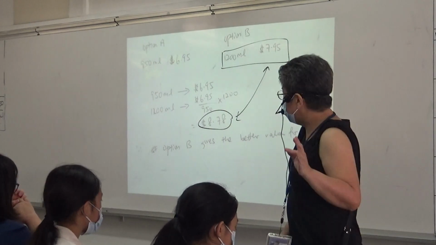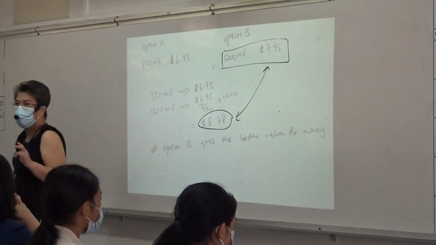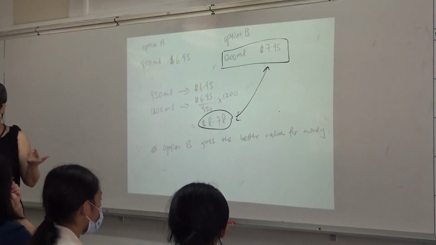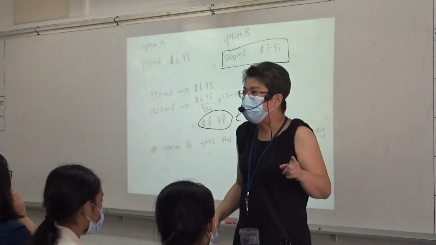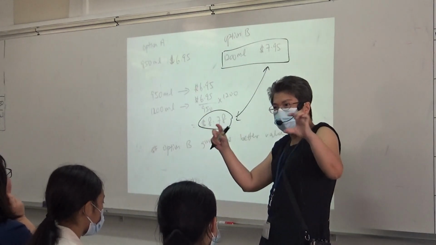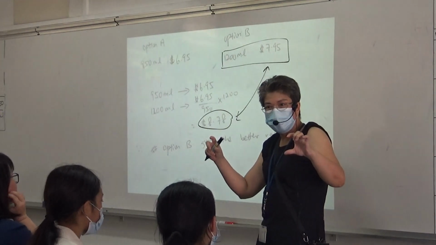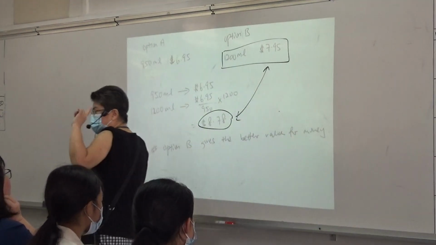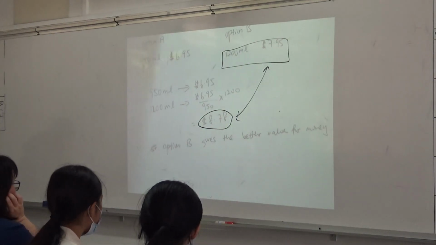Now, is it okay if I change everything to 950? Also can. Or I change both to 100. Is it okay? Also can. We just need to make sure that the comparison is consistent, that's all. Everybody clear with what I'm saying? Okay, so this is work example 11. Are you all clear? Okay, next.